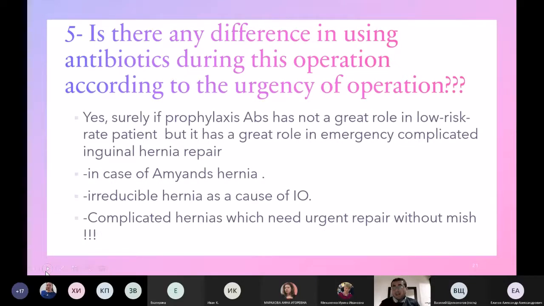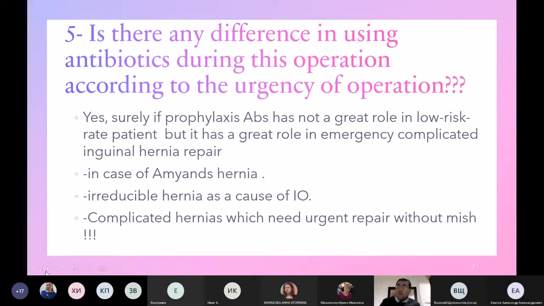So, is there any difference in using antibiotics during this operation according to the urgency of the operation? For sure, yes. Prophylactic antibiotics may not have a great role in some literature in low risk patients, but they have a great role in emergency complicated inguinal hernia repair.